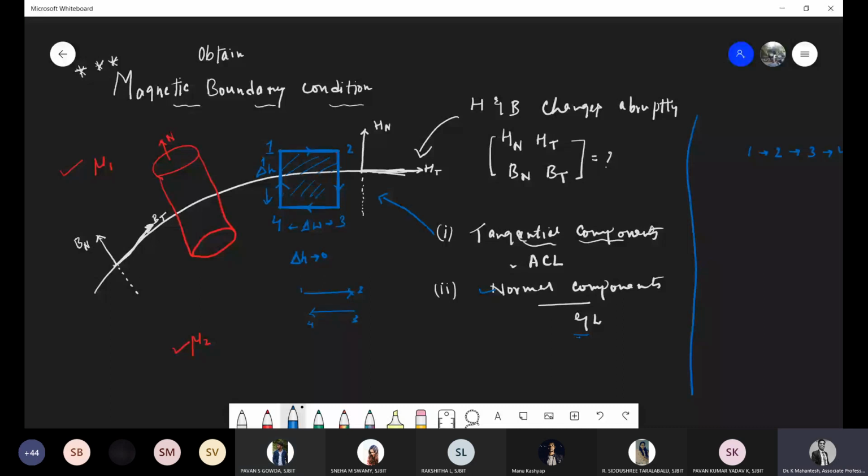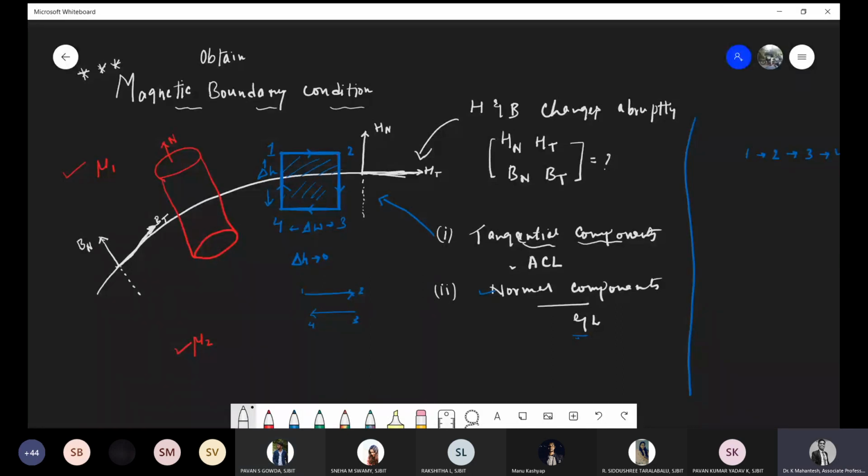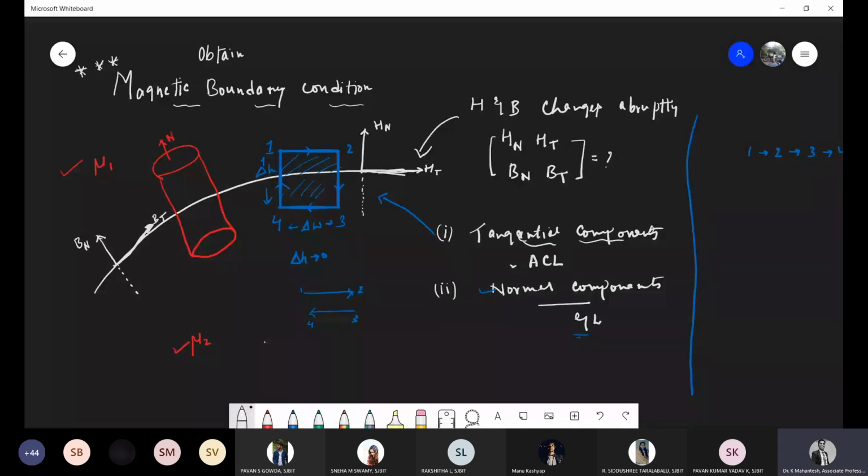Similarly, I'll call this N1 and here N2. I have a height of this cylinder, say delta H. If I make this delta H 0, I will be left with these two arrows, N1 and N2, which give me the normal components on the surface.